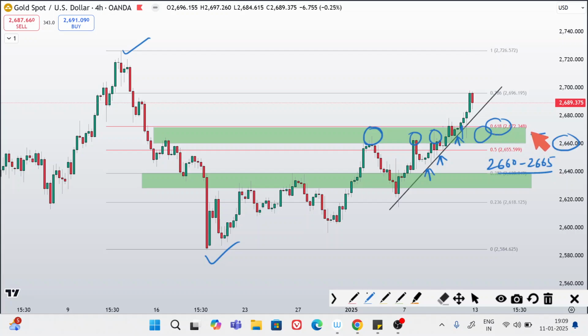So this level is the first level of support that we have to watch very carefully. Yes, the support around 2660 to 2665. If price returns back here and sustains again, then it is going to be a good buying confirmation. Or as you can see, this is the trend line.